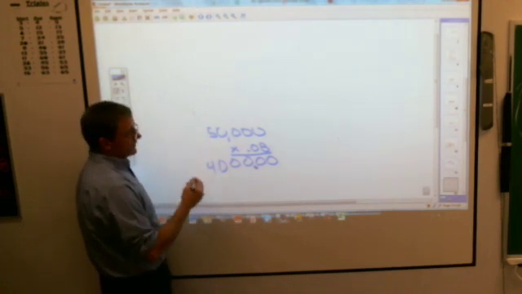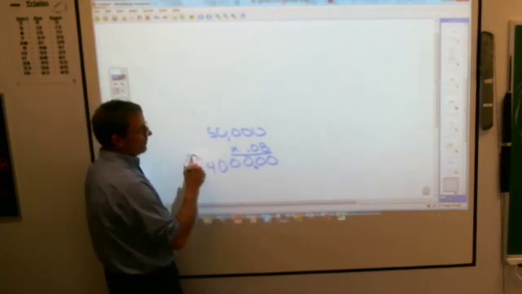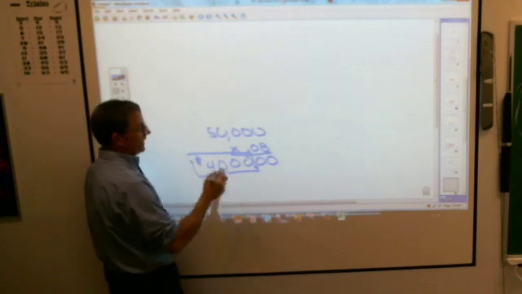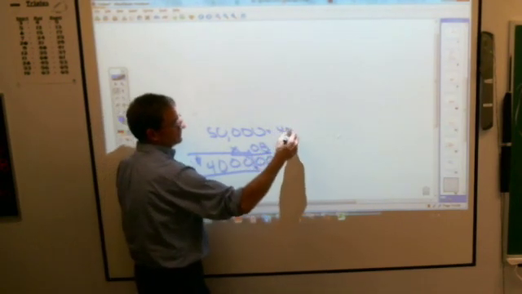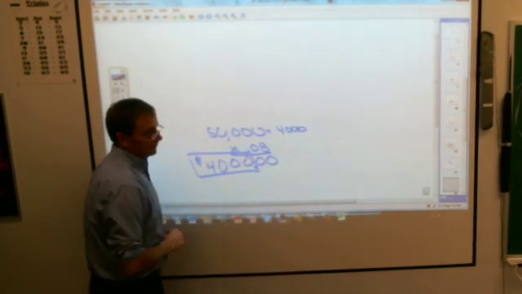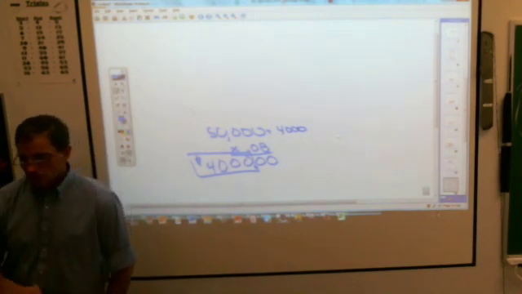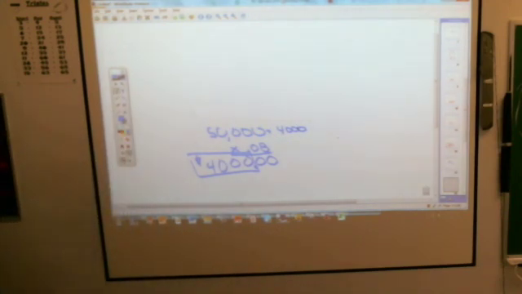For a $50,000 car, you're going to pay $4,000 in tax. Wow. Tax is just so cool. That's how you get all the stuff that you need there.